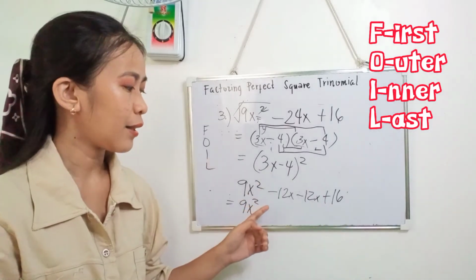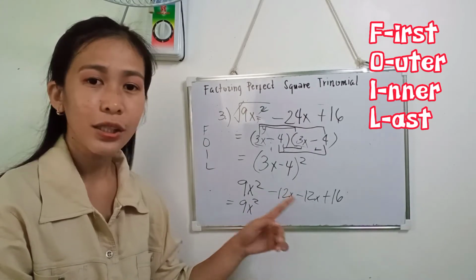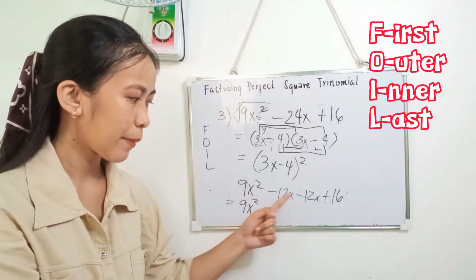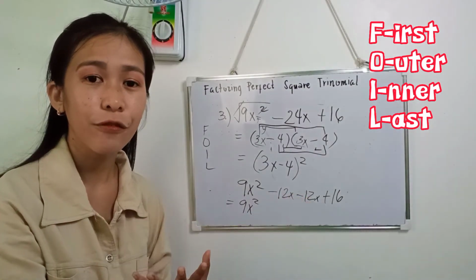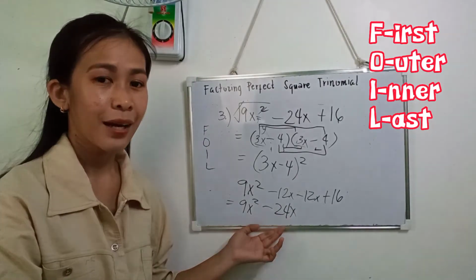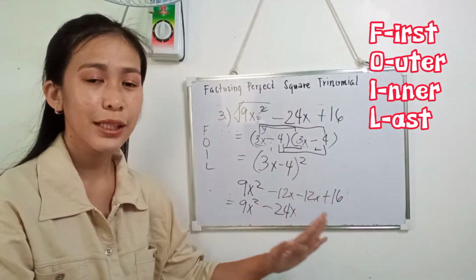Tama? And then, negative 12x minus 12x, since they are like terms and kailangan natin i-simplify, negative 12x minus 12x is negative 24x. Tama? And then, copy na lang natin si 16 since siya lang naman yung nag-iisang constant.